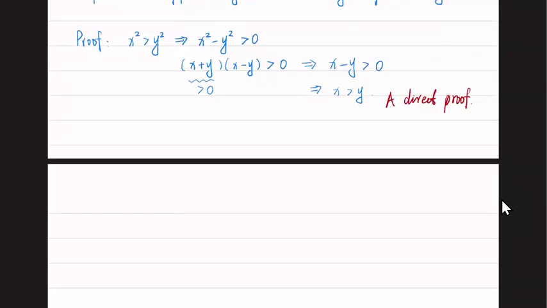The second method of proof is proof by contraposition. Okay, some books also say proof by contrapositive.